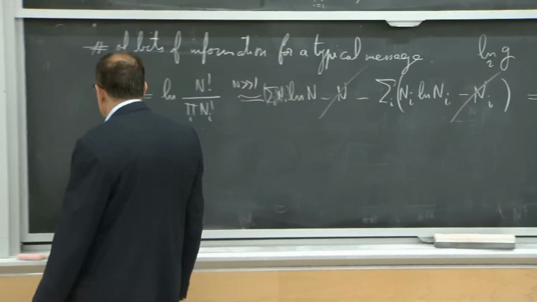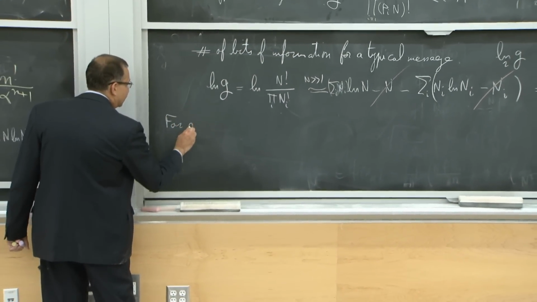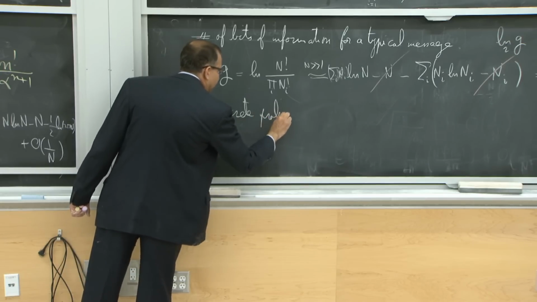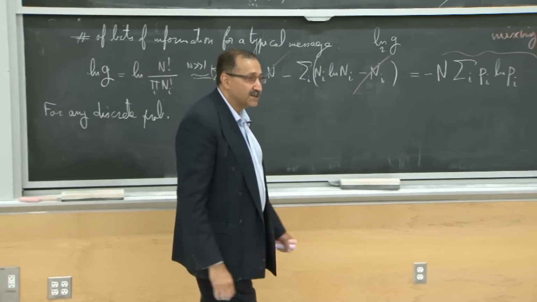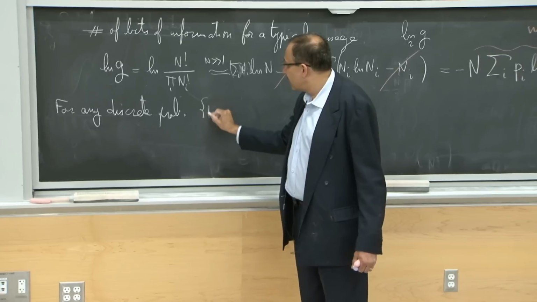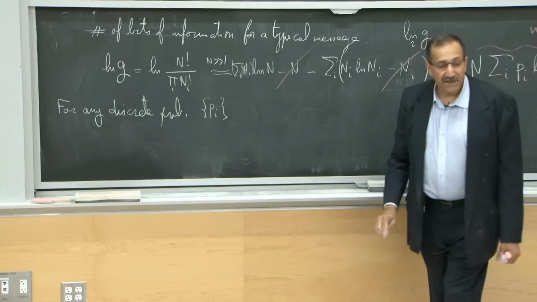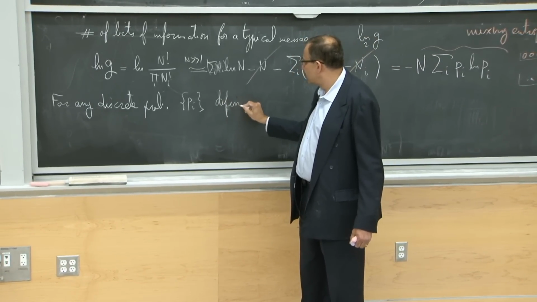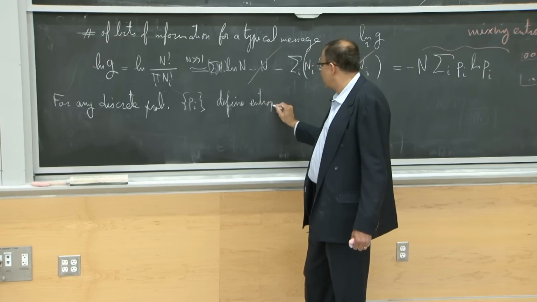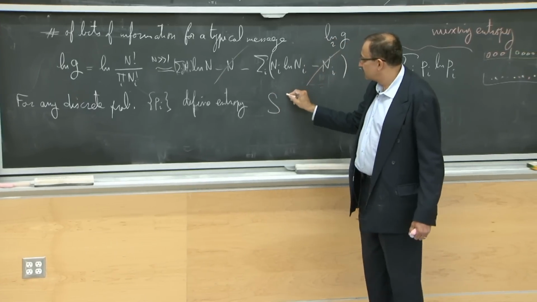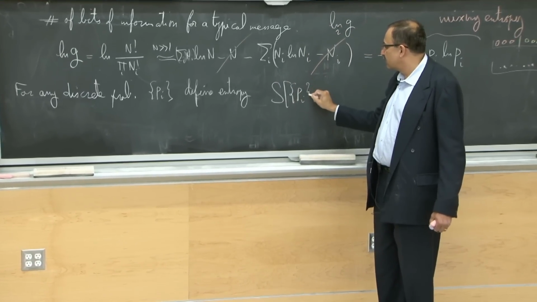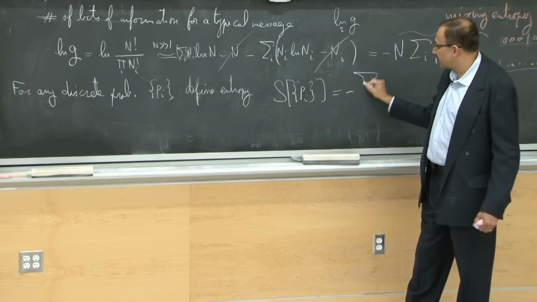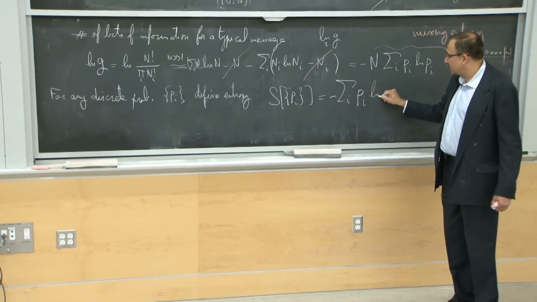But quite generally, for any discrete probability, so a probability that has a set of possible outcomes p_i, we can define an entropy S associated with this set of probabilities, which is given by this formula, minus the sum over i of p_i log of p_i.